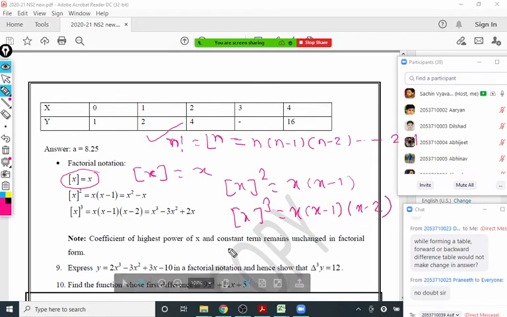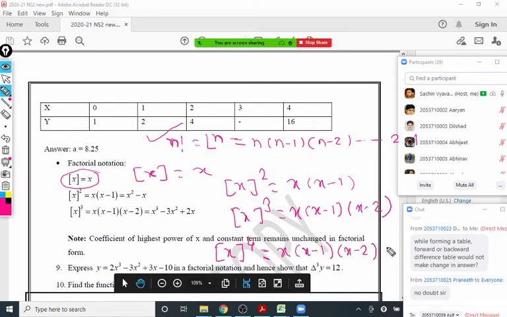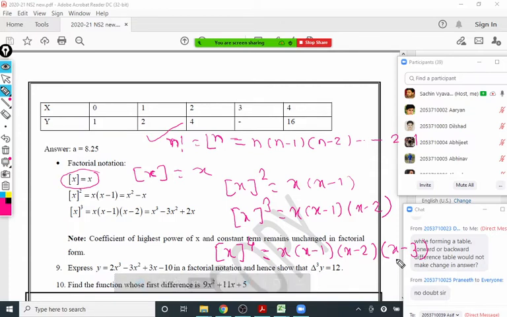Can anyone tell me what is the fourth factorial of x? Yes, the formula will be x into x minus 1 into x minus 2 up to x minus 3. Correct. So this is the fourth factorial. That way we are getting the factorials. This is the factorial notation for the algebraic terms.